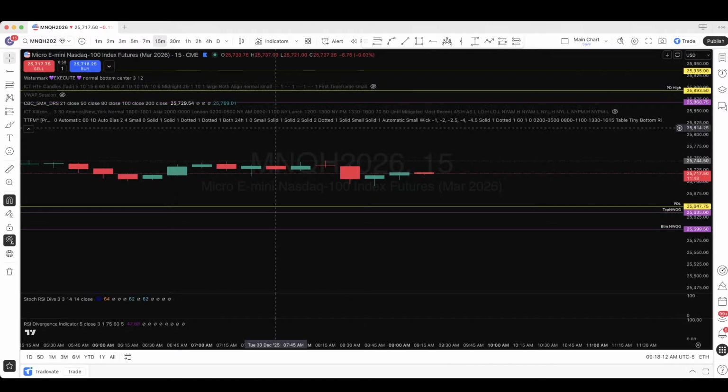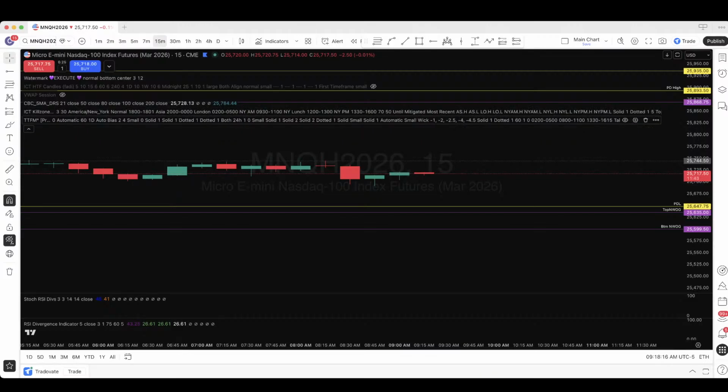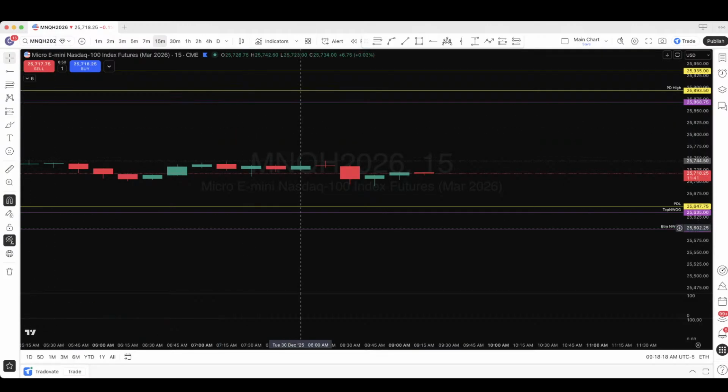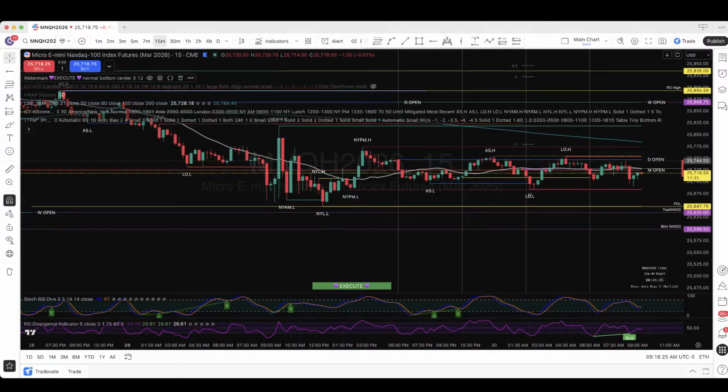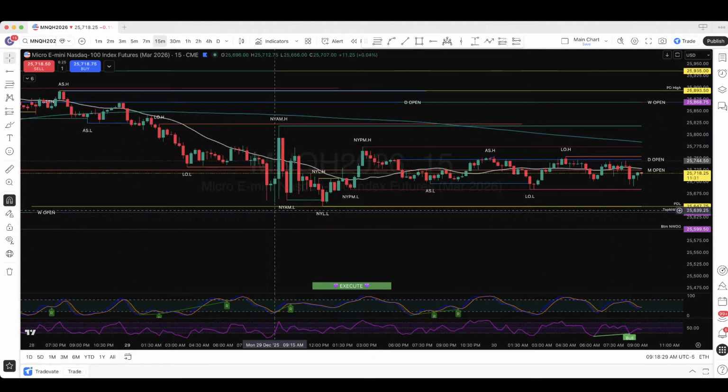I'll use this indicator to show me overnight movements. And then I mark them out so it's not as messy.